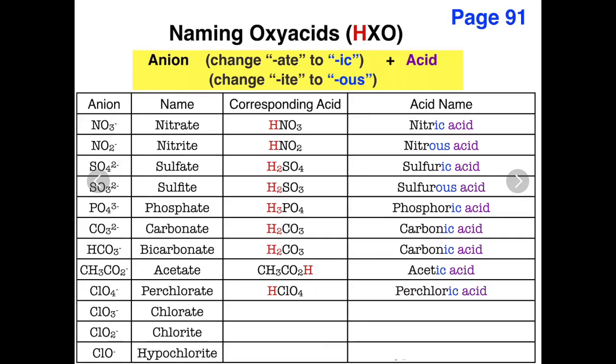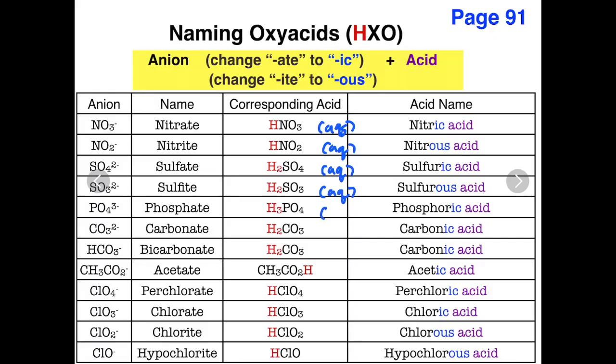So you're going to have perchloric acid, chloric acid, chlorous acid, and hypochlorous acid. That's how you recognize this. Again, to finish this correctly, all of these need to contain aqueous. Make sure that all of these acids are in aqueous solution, which is a solution that contains water.